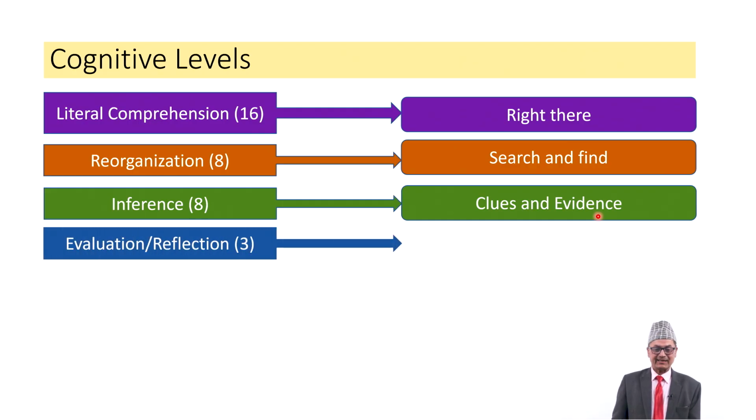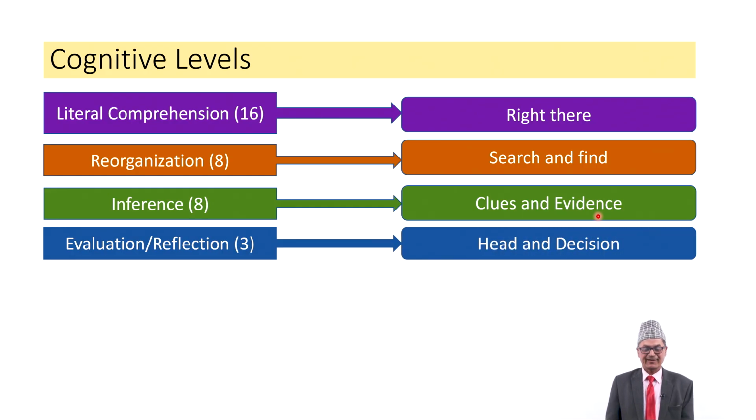Next, evaluation and reflection. Evaluation refers to the judgment you make. So, what is the answer to an evaluative question? The answer is in your head. The answer is not directly given in the text.